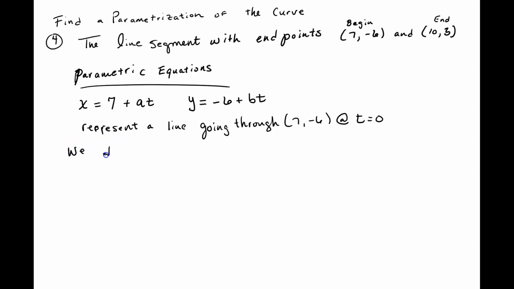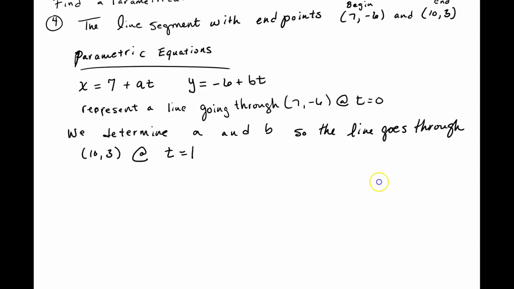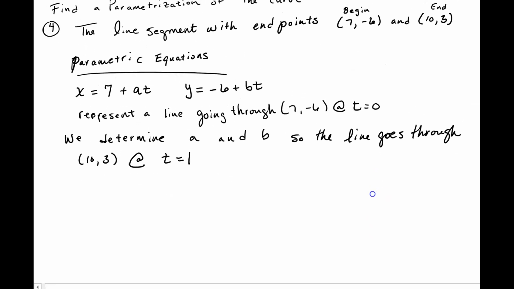We determine a and b, so the line goes through the point 10, 3, and we're going to take this at t equals 1. So let's say from 0 to 1 seconds, beginning and ending. That's just an idea that you can use here to parameterize the curve.